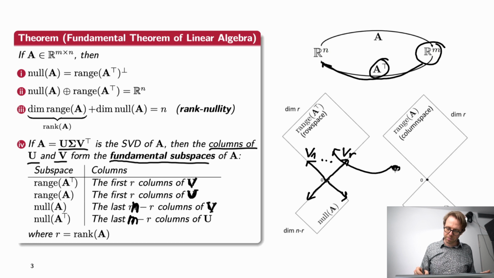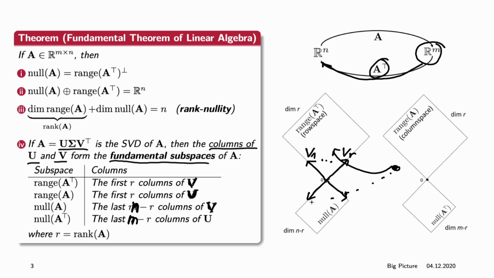So it's impossible to map anything to the null space. So these are V R plus 1 through V n.